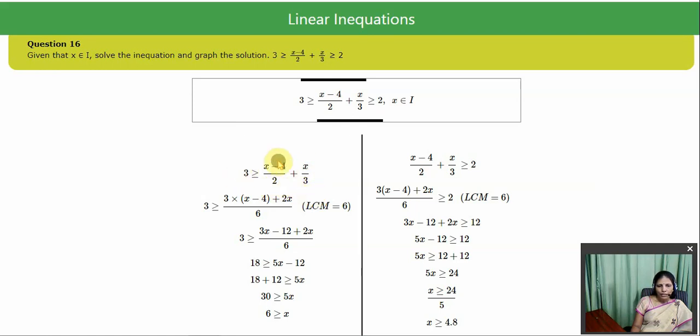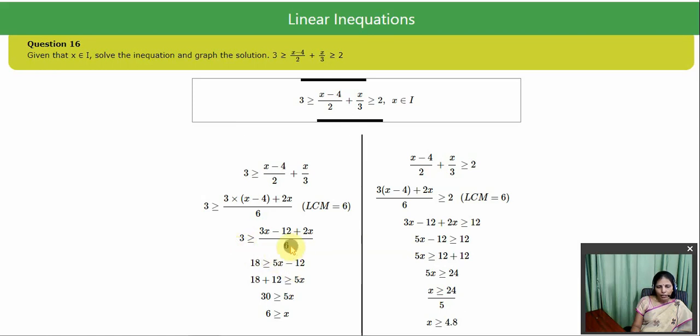Now on this RHS I am making both fractions into one fraction. The common multiple is 6. So 3 into (x minus 4) plus 2x. Multiply 3 into x, it is 3x; 3 into minus 4 is minus 12, plus 2x, divided by 6.